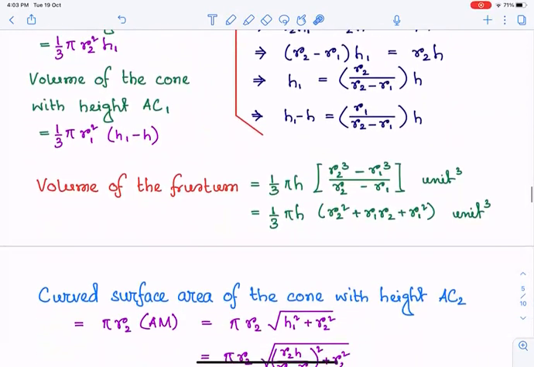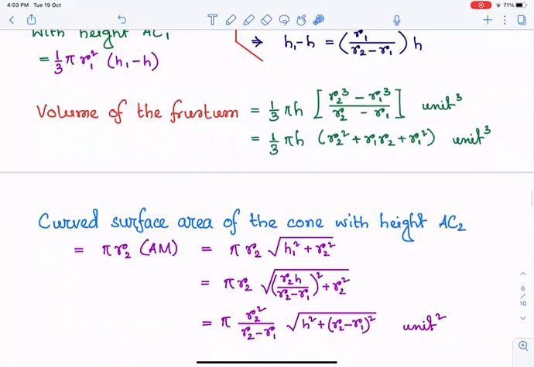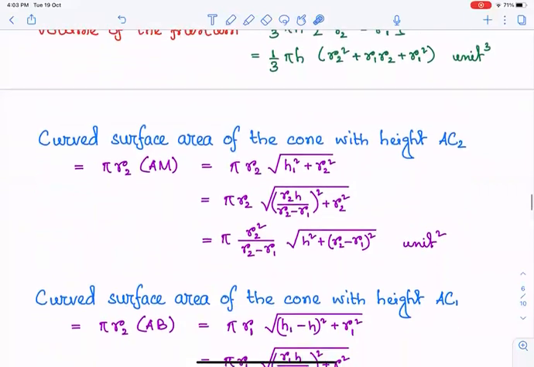The curved surface area of the cone with height AC2, that is the greater size cone, is pi r2 into the slant height. So that can be represented in terms of r2 and h1. So we have got pi r2 squared by r2 minus r1 into root over h squared plus r2 minus r1 whole square as the curved surface area of the greater cone.